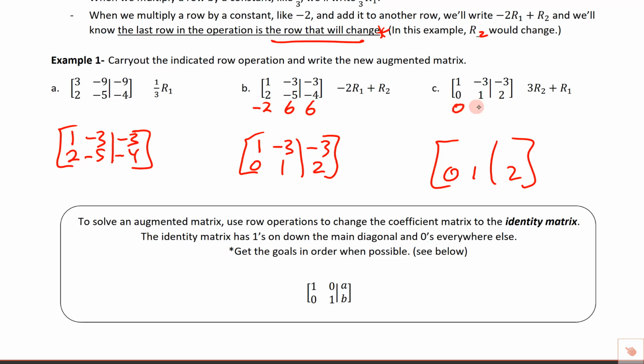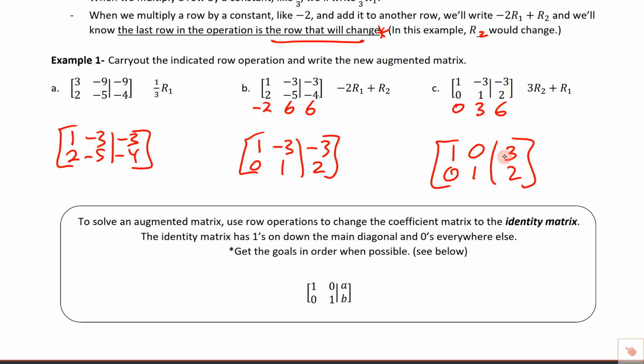That's going to be 0, 3, and 6. And then I'm going to add these two together. So 1 plus 0 is 1. -3 plus 3 is 0. -3 plus 6 is 3. That is the answer.